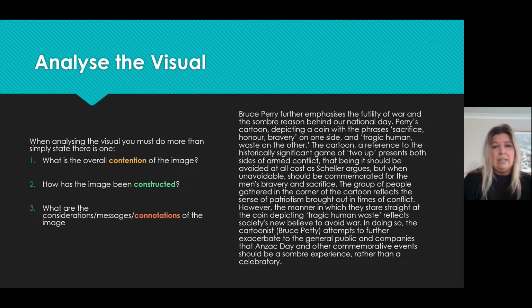So we can see here that the student who's written this is really considering what is the message or what is the argument? How does the image and the specific features of the image work together to then come up with an overall message?